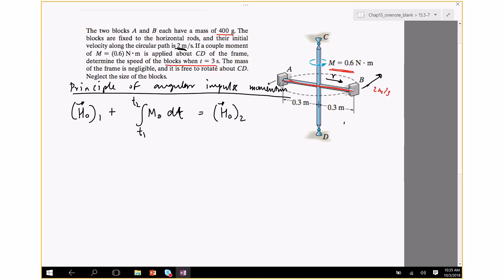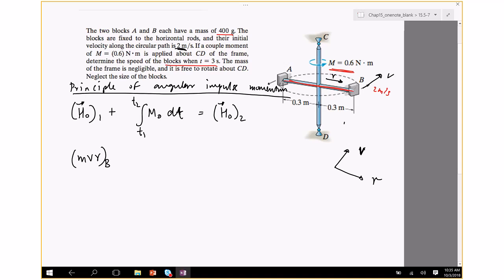So if you do r cross mv, that's r, this is v. If you curl your fingers of the right hand from r to v, your thumb gives the direction of the moment. It's going to point upwards. So let's assume that the upward direction is positive. So this is going to be mvr for block B.